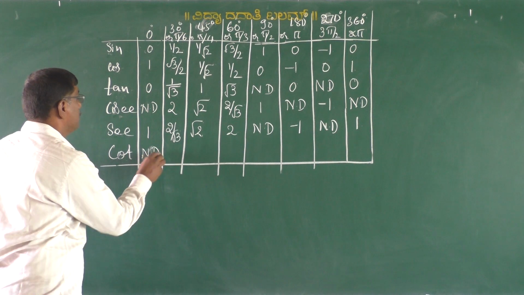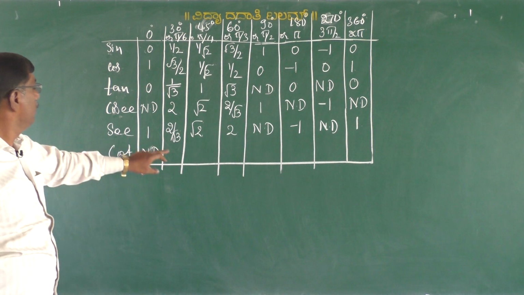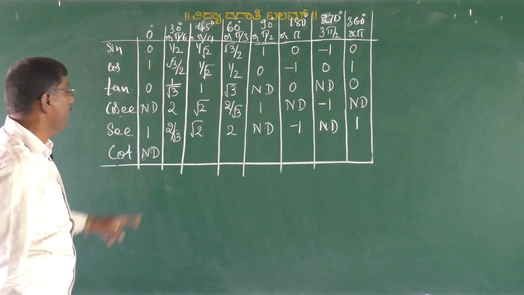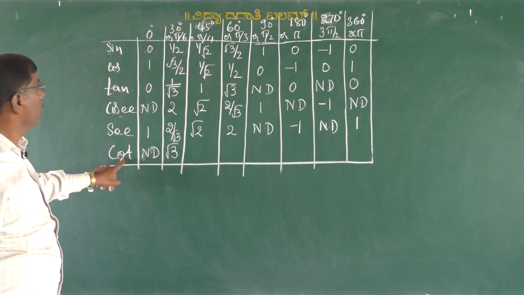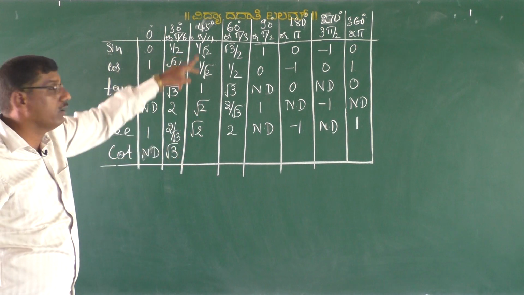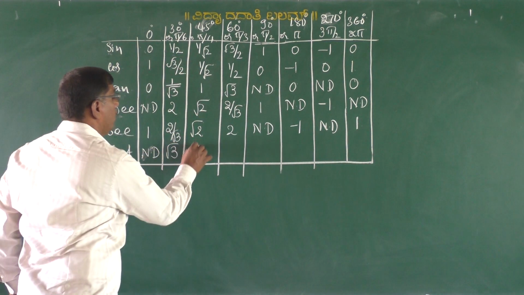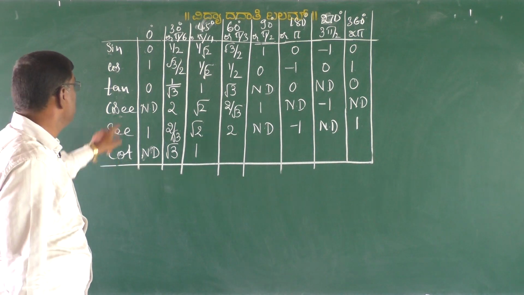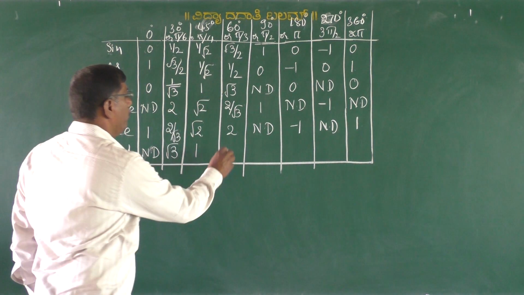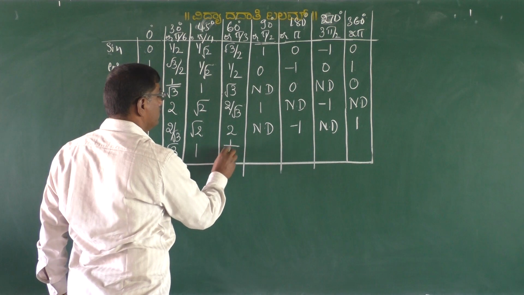Am I correct? Not defined. Next, 1 by root 3 can be written as root 3, my dear students. Cot 45 degree or cot pi by 4 is what? 1. Next, the reciprocal of tan, that is 1 by root 3, my dear students.